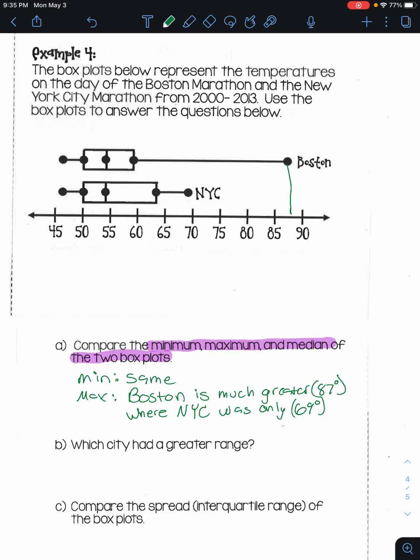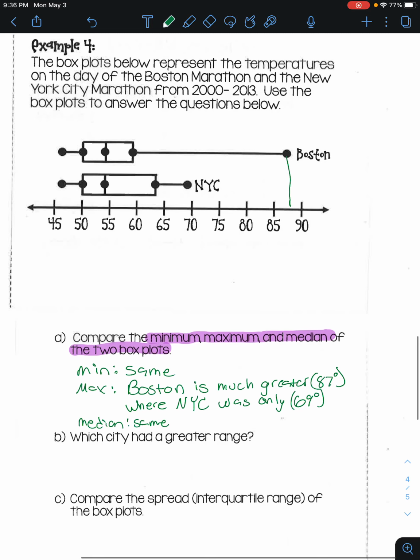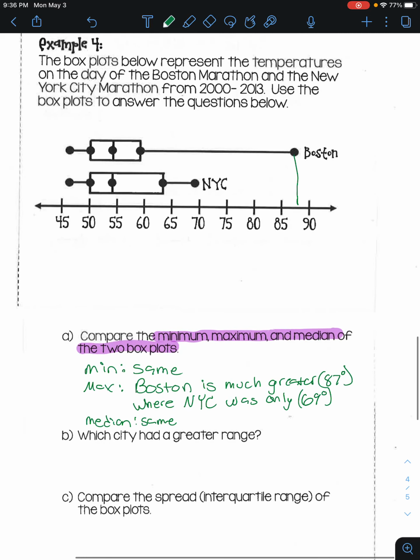And what about their medians? Well, the medians are also the same. So the only really varying difference is their high temperatures for the day from 2000 to 2013. Which city had a greater range? Well, let's look.